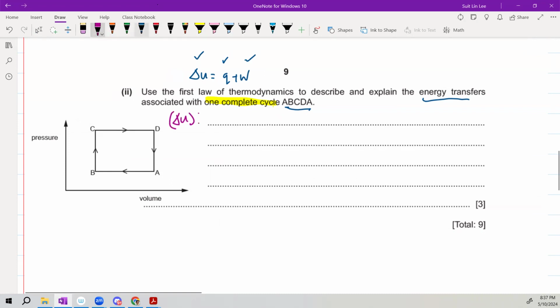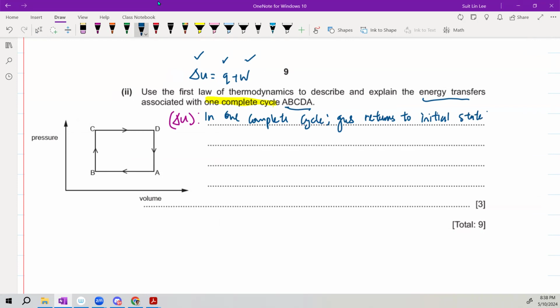Okay. So to describe delta U, I would say that you have just completed one cycle, right? So in one complete cycle, the gas sample returns to its initial state, which is A. A, B, C, D, back to A. So because of this, the temperature returns to the initial value.